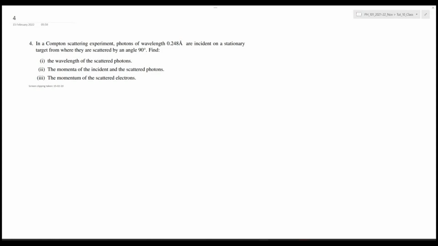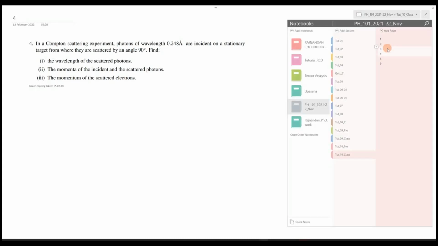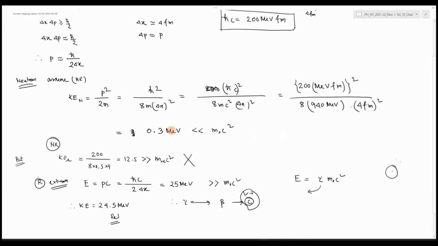Sir, the third part, can you explain the last part again? How do we get, from the relativistic part, that it can be in the nucleus or it can't be? Because for the neutron, the velocity is very much less than c.